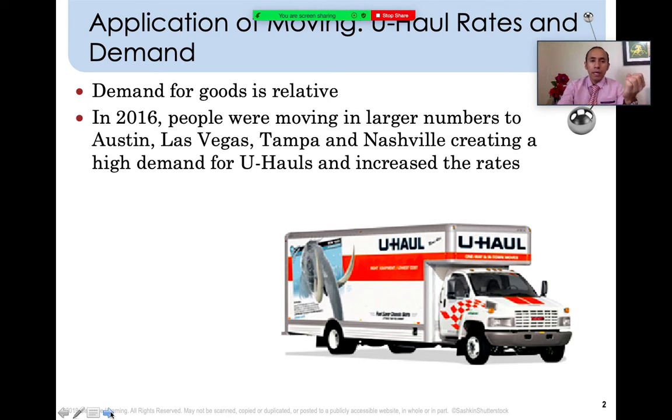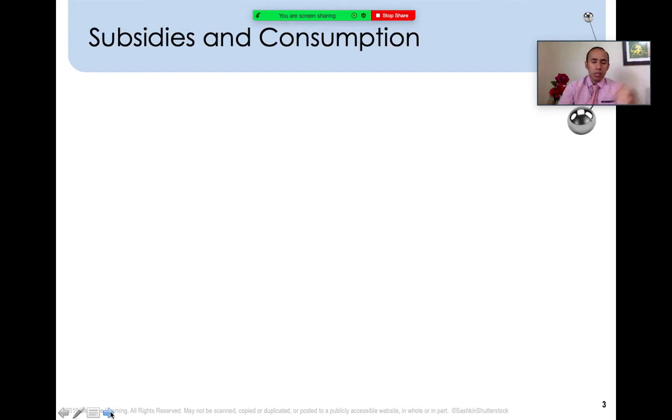We're going to apply the demand and supply for goods and services to different scenarios and see how this changes essentially the equilibrium price in the market. Let's take a look at subsidies and consumption, for example. One of the ways to increase consumption is by providing government subsidies, a formal assistance to the consumers to increase their consumption by providing them an income subsidy or some form of subsidy.